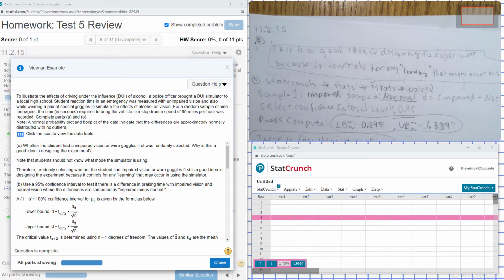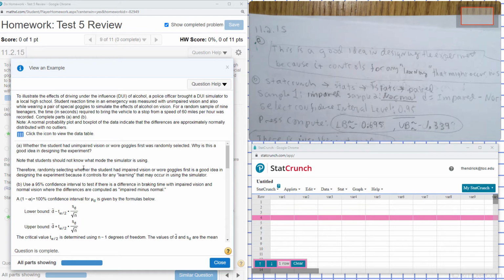Whether the student had unimpaired vision or wore goggles was randomly selected. Why is this a good idea here? Note that the students should not know what mode the simulator is using.